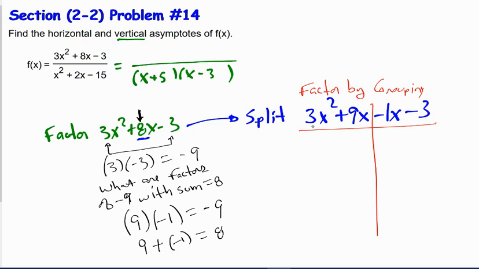So what is the GCF of 3x squared plus 9x? The GCF is 3x, and if we divide each term by 3x, we get x plus 3. And what is the GCF of negative x minus 3? Well, the GCF is negative 1. And if we divide each term by negative 1, we get x plus 3.